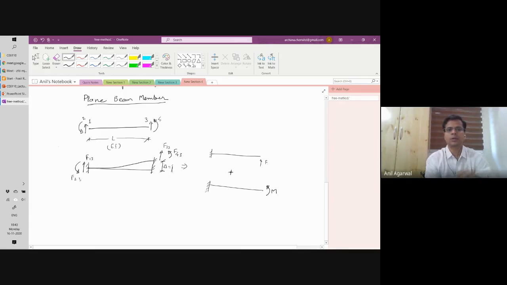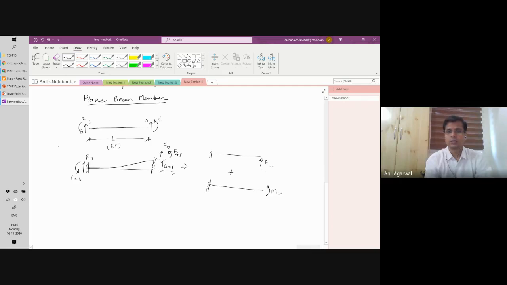This is what I want to calculate, because this delta actually corresponds to the third degree of freedom. So we release that degree of freedom and we apply an F and M, because these are unknown forces. This is what the flexibility method is all about. And the trick is that this combination of F and M should be such that I get a delta of 1 and I don't get any other displacement anywhere. And that should be possible, right?